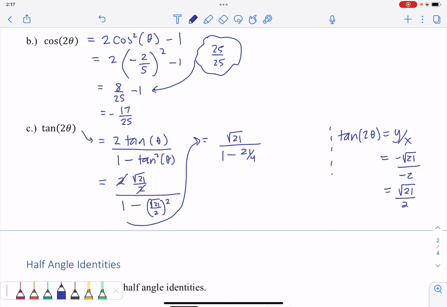And because I have that little mini 4 in the denominator, I'm going to multiply and get 4 over 4. And this gives me 4 root 21 in the numerator, and then just 4 minus 21 in the denominator. This turns out to be a negative 17. I can pull out just the negative, and so I get negative 4 root 21 over 17.